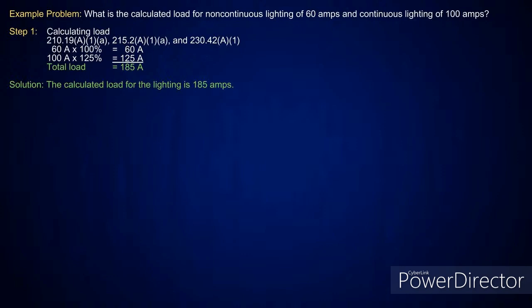What it used to be, you would go over and look in 384-16D, and it'd tell you couldn't load the breaker more than 80%. So what would happen? People would do the calculation, then put 80% on it, and then the breaker would be too small after you've added the 125%. Well, you've already done that 125%.